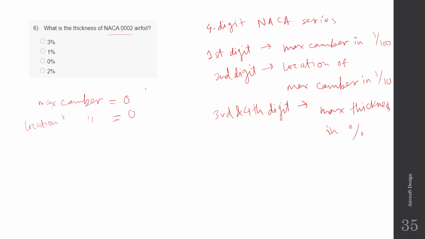So you can also understand that this is a symmetric aerofoil, and therefore the third and fourth digits comprise the thickness. So the thickness is 0.2 into 1 by 100, so it is 0.02 or 2%. Therefore the answer is this, 2%.